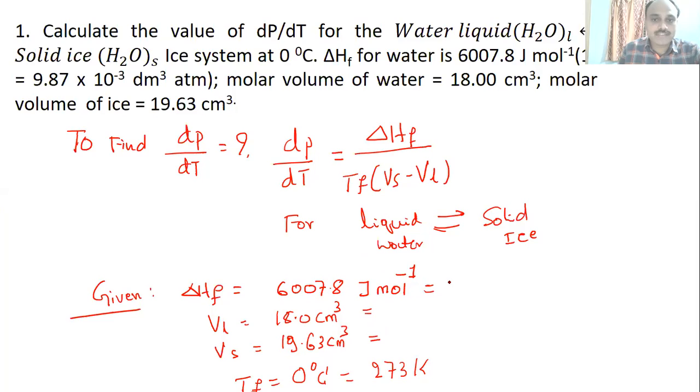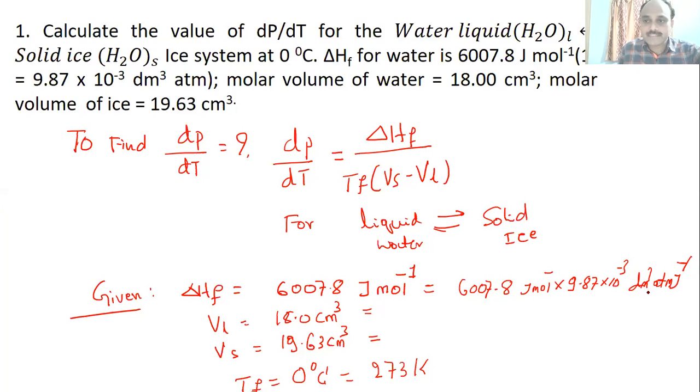Therefore, this delta HF further can be written as 6007.8 joule per mole into 9.87 into 10 to the power of minus 3 dm cube atmosphere per joule. That you have to write.